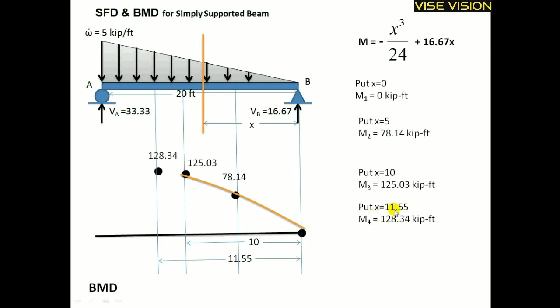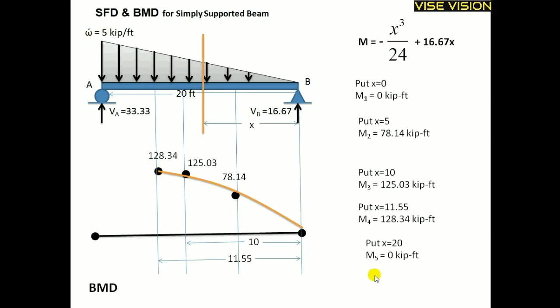At that point there will be maximum moment, which is why we need the point where the shear force is 0, as I said earlier. 128.34 is the maximum moment for this beam when the UVL of this value is acting over it.